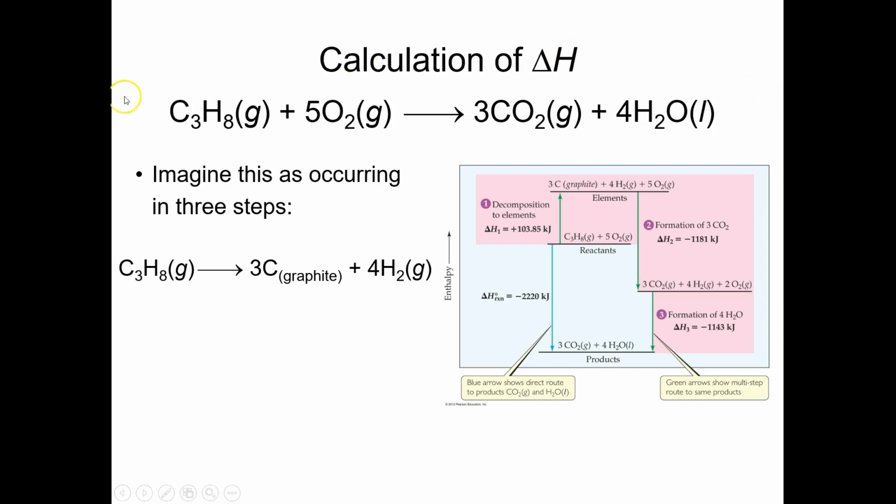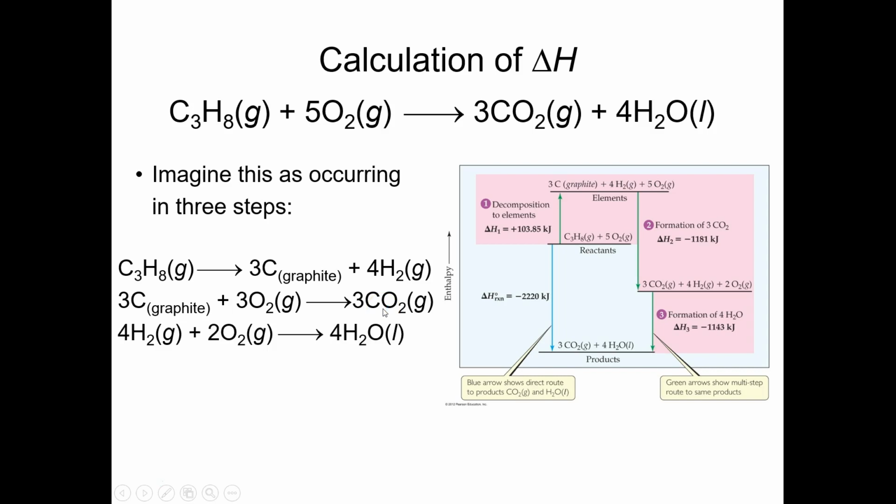So you can imagine this reaction actually occurring in 3 steps. The first step being propane decomposing to carbon and hydrogen, and then carbon reacting with oxygen to give carbon dioxide, and then the hydrogen reacting with oxygen to give water.